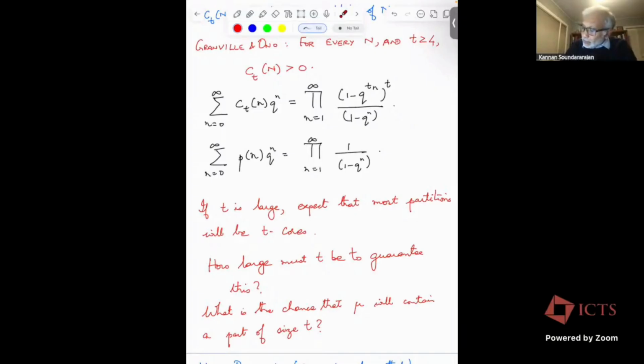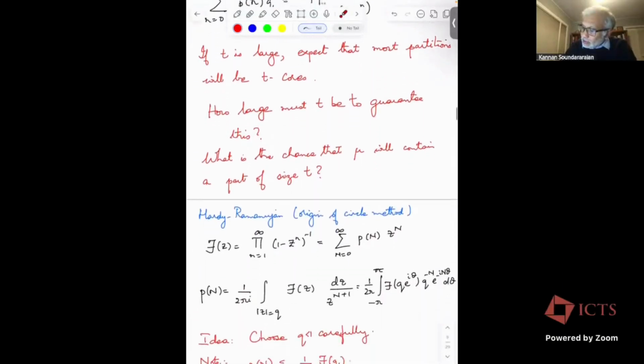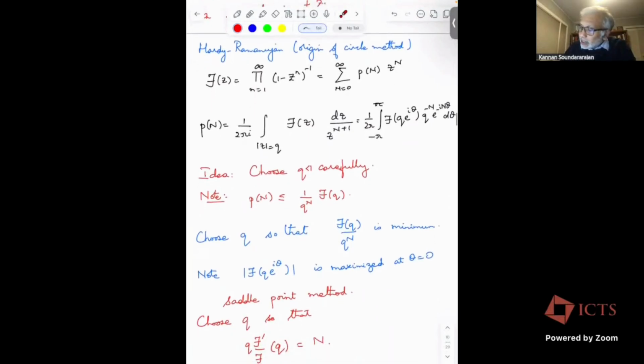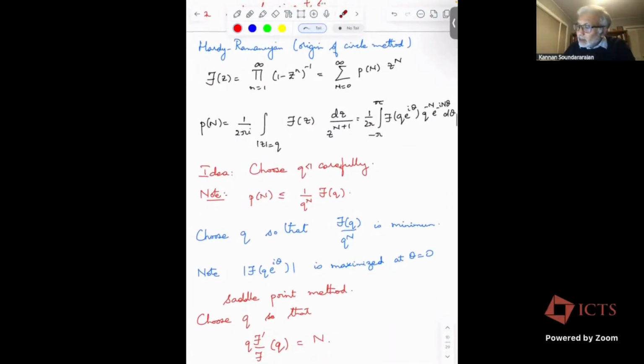So now let me go back to talking about this classical object, the number of partitions of n, and try to say something about the circle method, which is the origin of finding asymptotics for this.